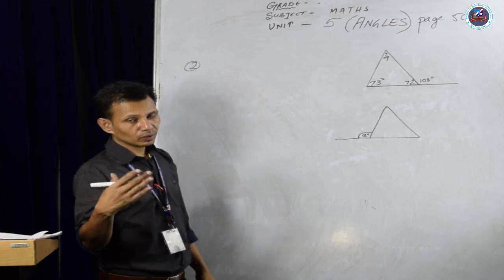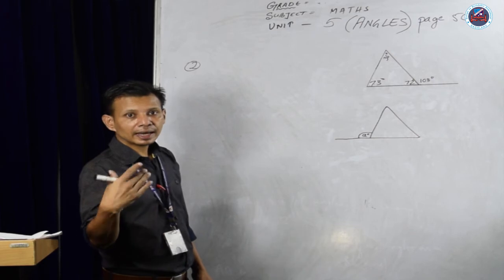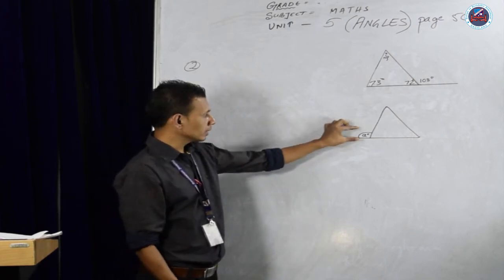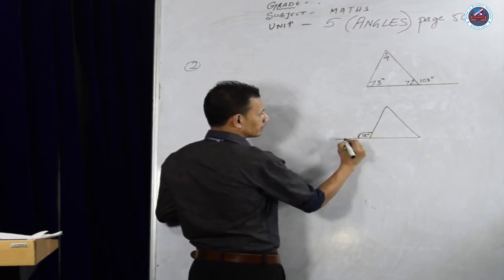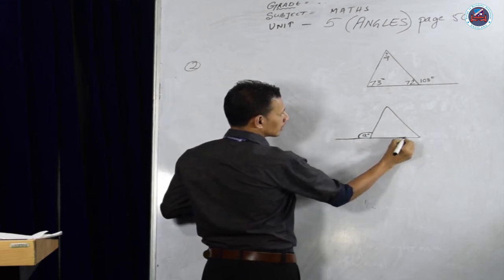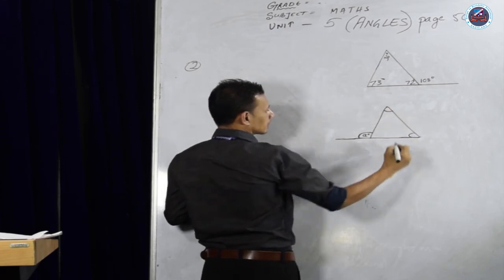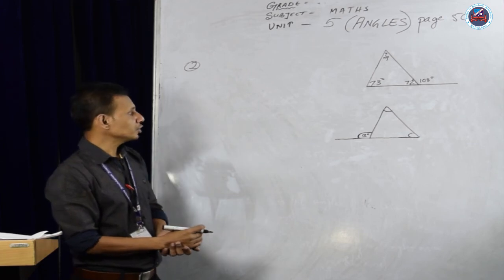Exterior angle is equal to the sum of the interior opposite angles. So this is the exterior angle. What is the interior opposite angle? You just look at these two lines. This is the exterior angle. This and this are the opposite interior angles.